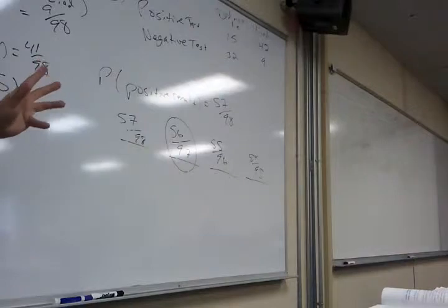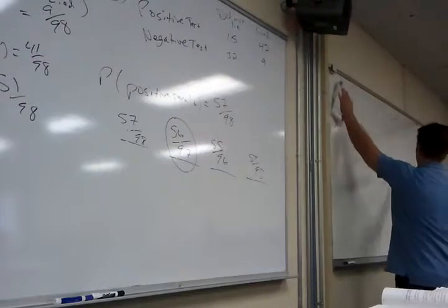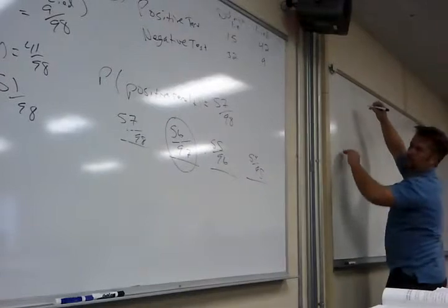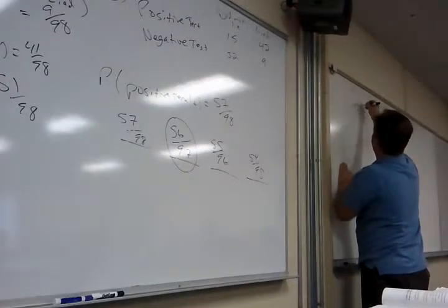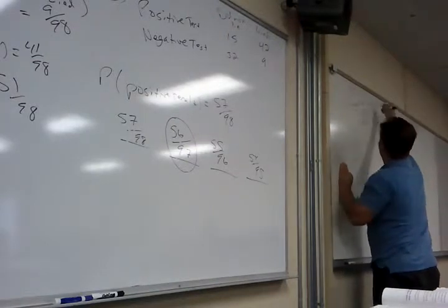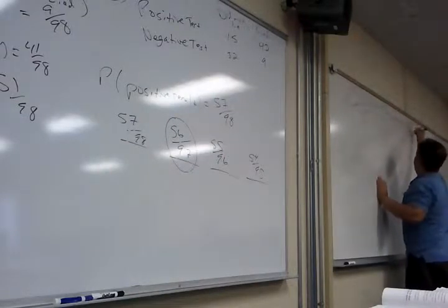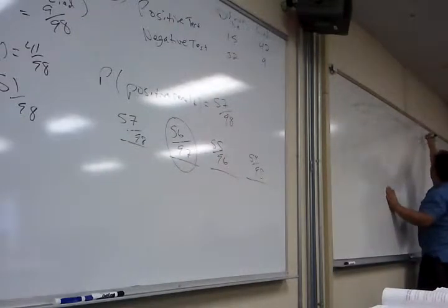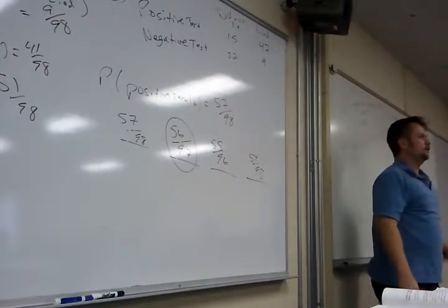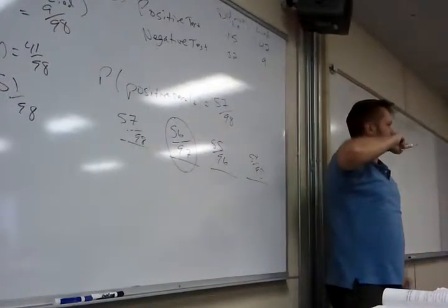If I wanted to use this formula to get the probability of a negative result and lie, I'd have to do probability of negative result times probability of lied given negative result. So I'd have to actually calculate that first. Do I really want to do that when an AND is just look at the intersection in the first place? Of course not, right?